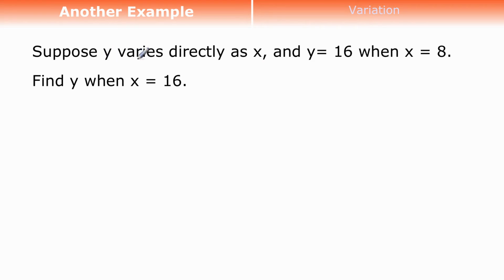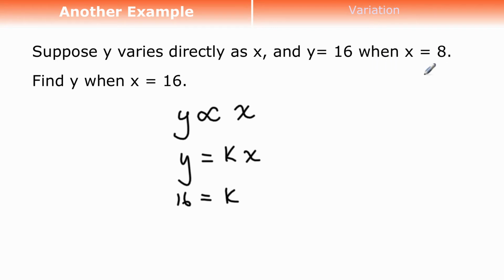So here they say y varies directly as x. So I put an x right there, and from that relationship I can change it so y is equal to some constant k multiplied by x. Initially they tell me that y is 16 when x is equal to 8. I put an 8 here.